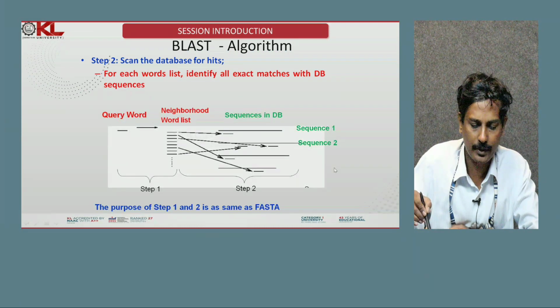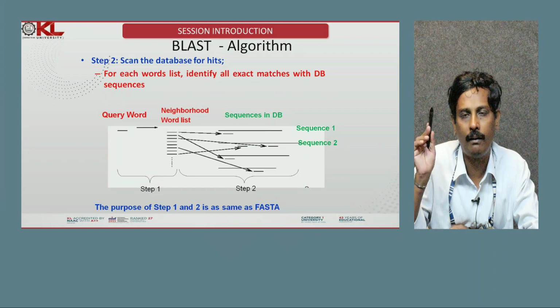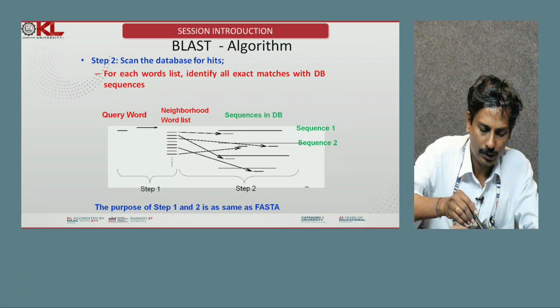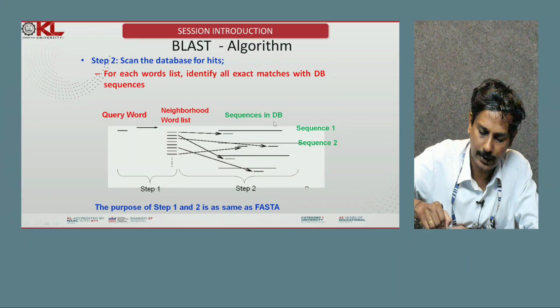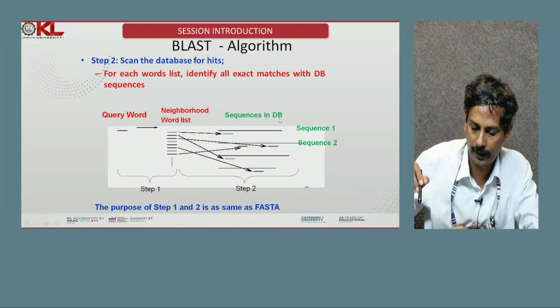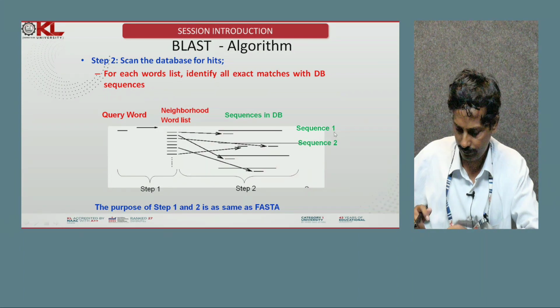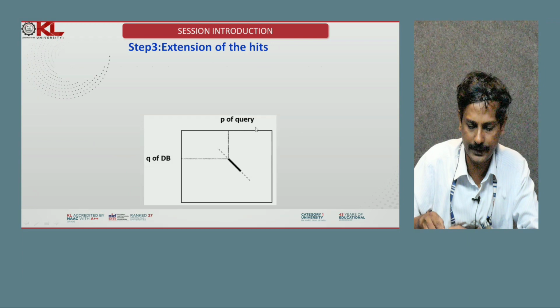Then coming to scanning the database for hits: for each word in the list, identify all exact matches with the database's sequences. Look here: this is the query word, this is the neighbor word list, and this is the sequence database with the target sequences, sequence 1 and sequence 2. This is the extension of the hits.